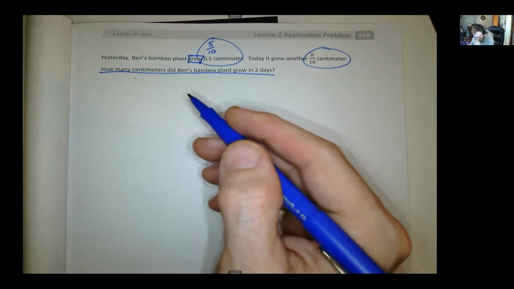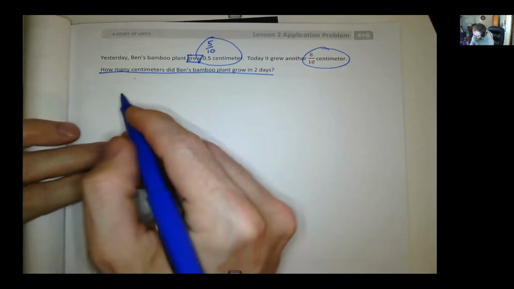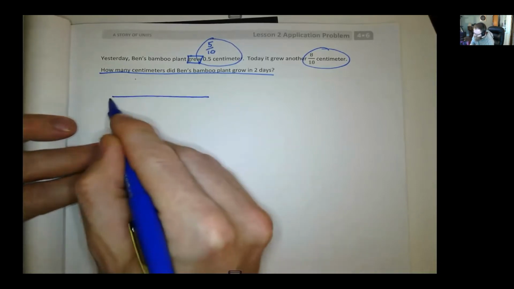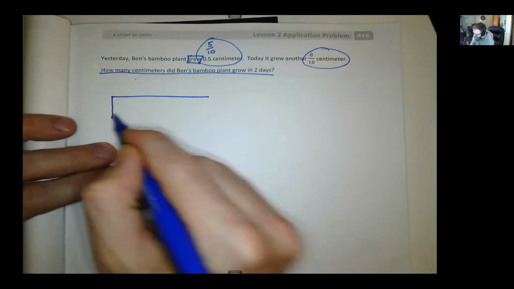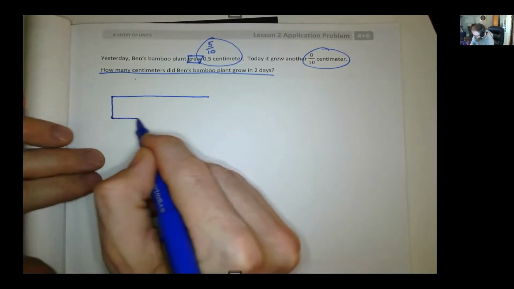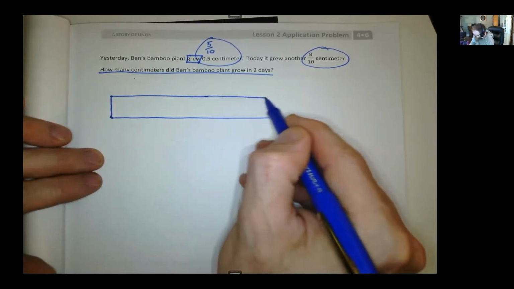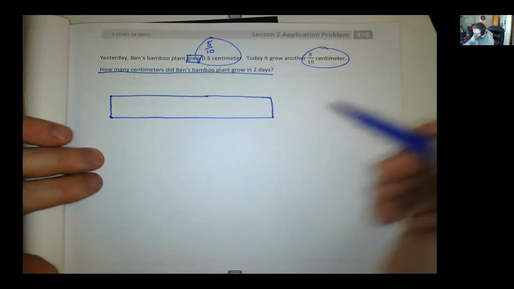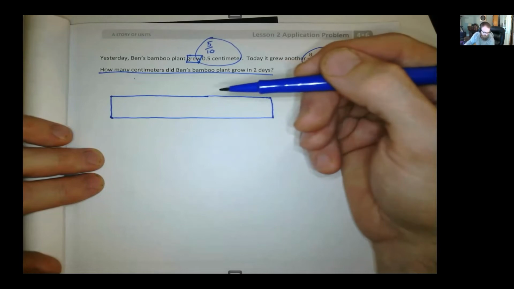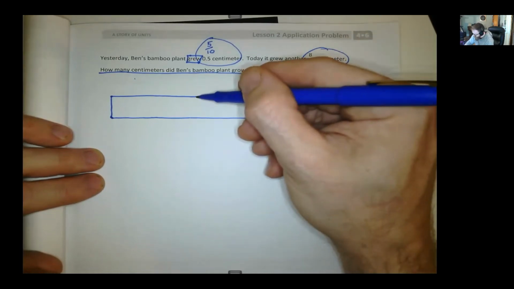A tape diagram is a good way to represent these two known values and how they can be combined to create our unknown value that we're trying to find. Okay? Nice and neat. We've got a whole page here, so give yourself a lot of room to draw your tape diagram and separate it into 2 different sections to represent our 2 values.